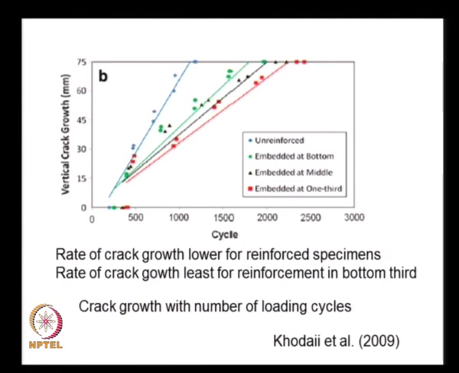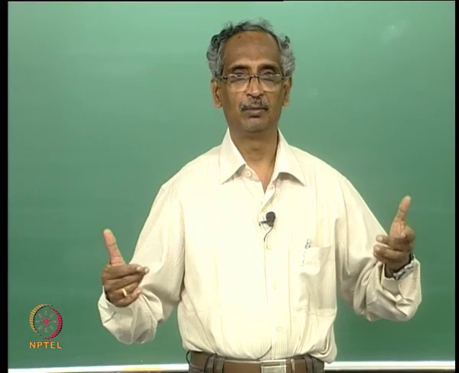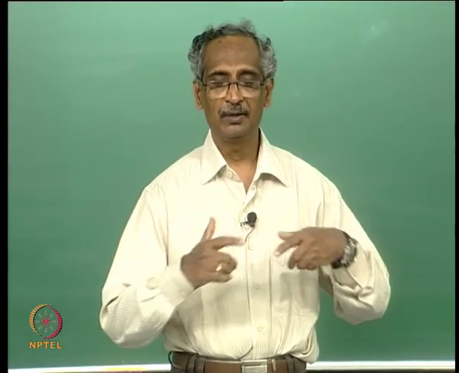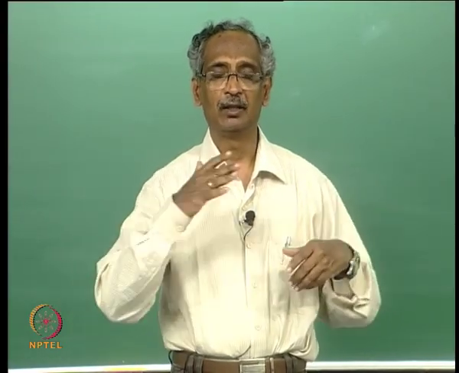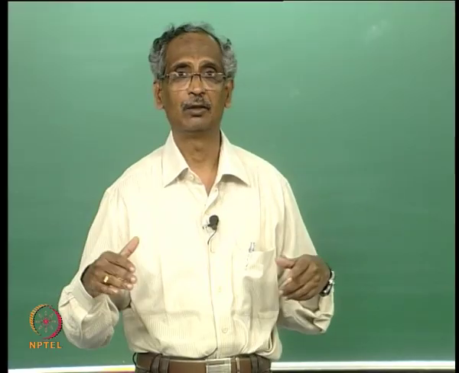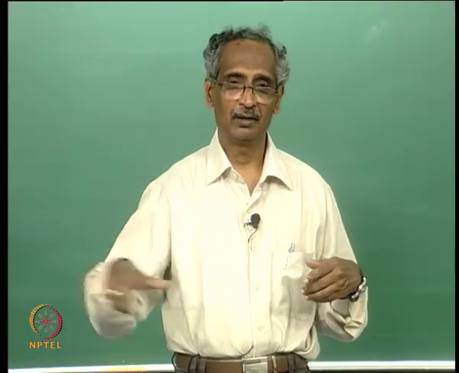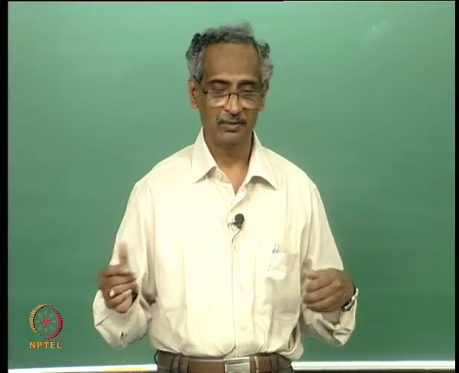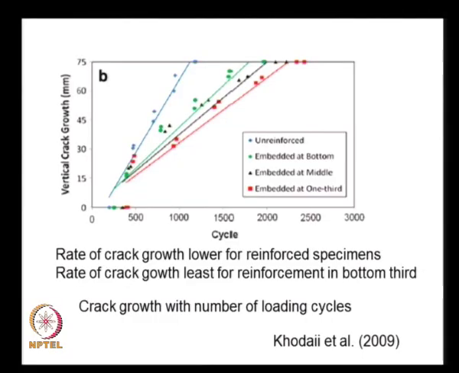We know that in a simply supported beam, the bottom fiber is subjected to tension and the top fiber is subjected to compression, and exactly at the neutral axis the strain is 0. Unless we provide reinforcement where there is a significant tensile strain, we may not get much of a benefit, and that is what they have seen.